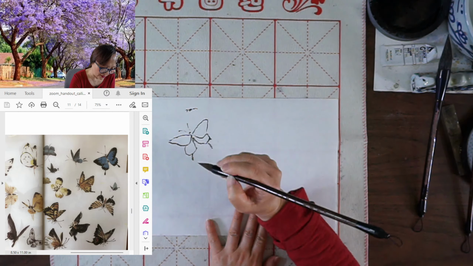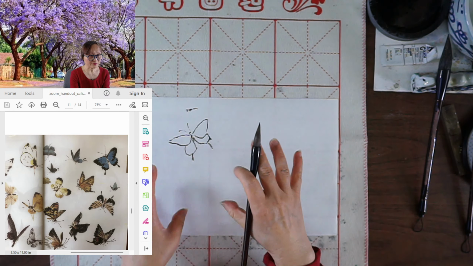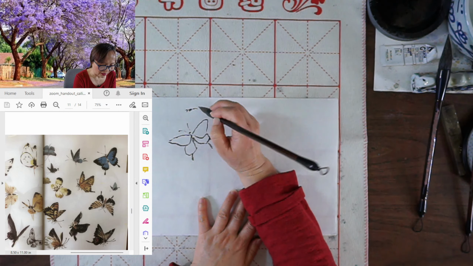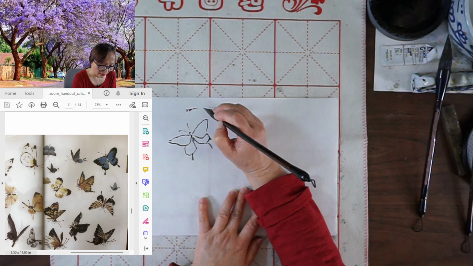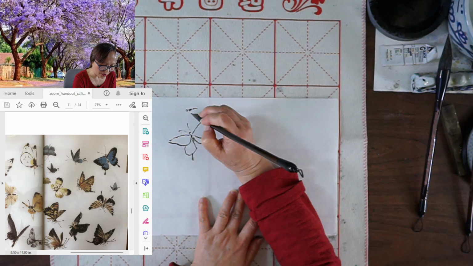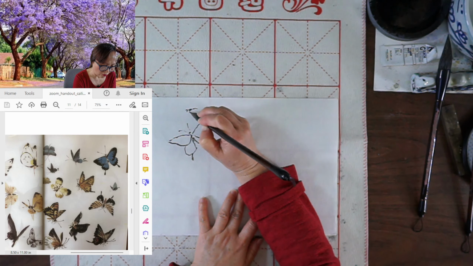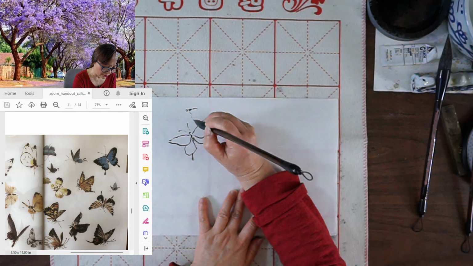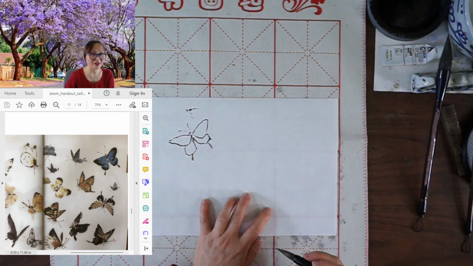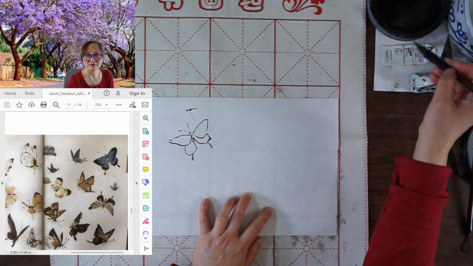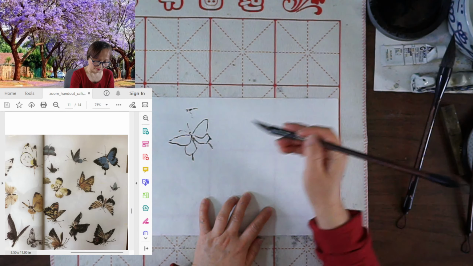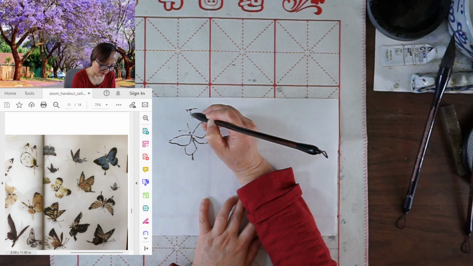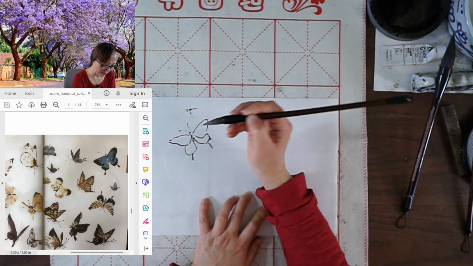And the feet, like we do for the dragonfly, with 3 sections, 1, 2, 3, something like that. And sometimes you really cannot see them.